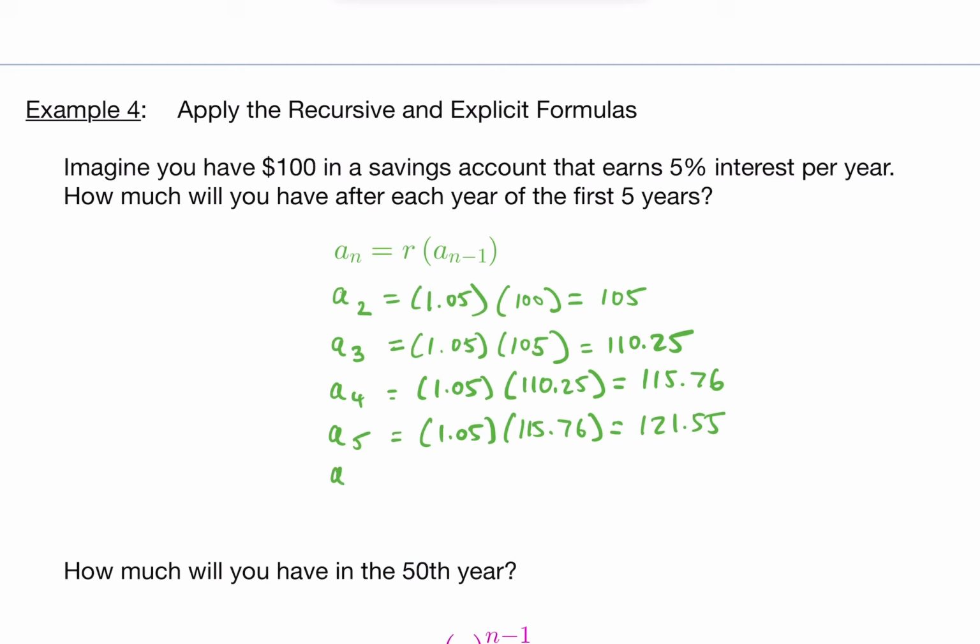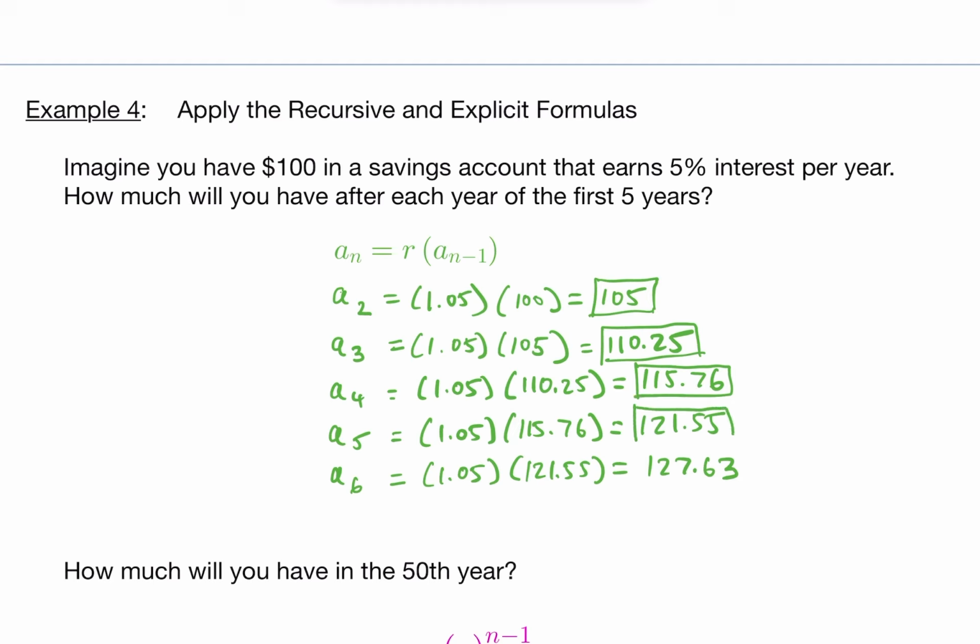And then lastly, at the end of 5 years, or the beginning of the 6th year, it's going to be 1.05 times $121.55, and that works out to $127.63. Okay, so these are the values at the end of the first year, the end of the second year, the end of the third year, the end of the fourth year, and at the end of 5 years when invested at 5%, beginning with $100.